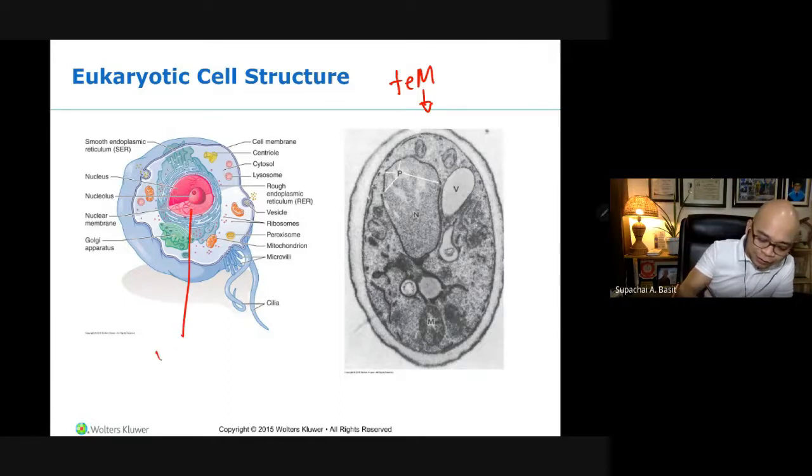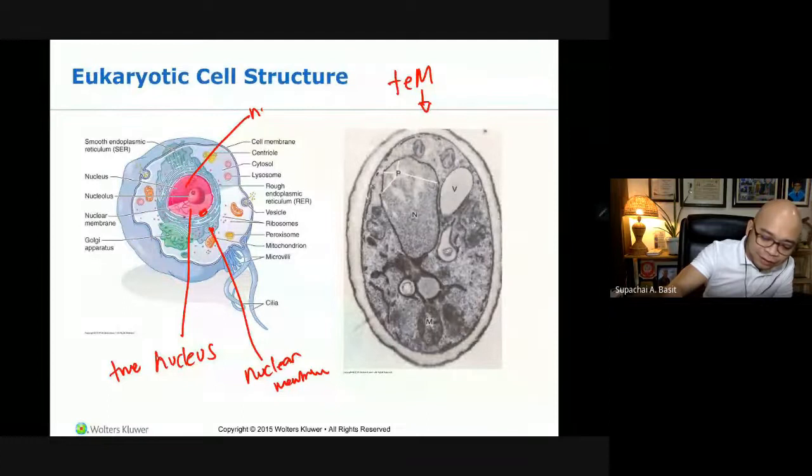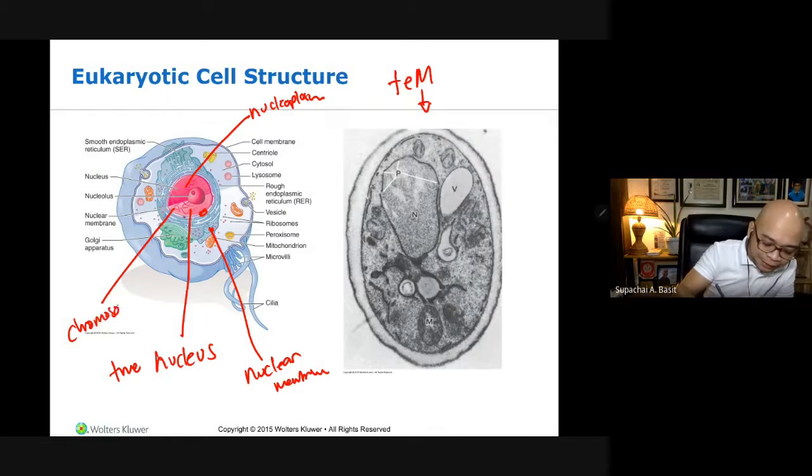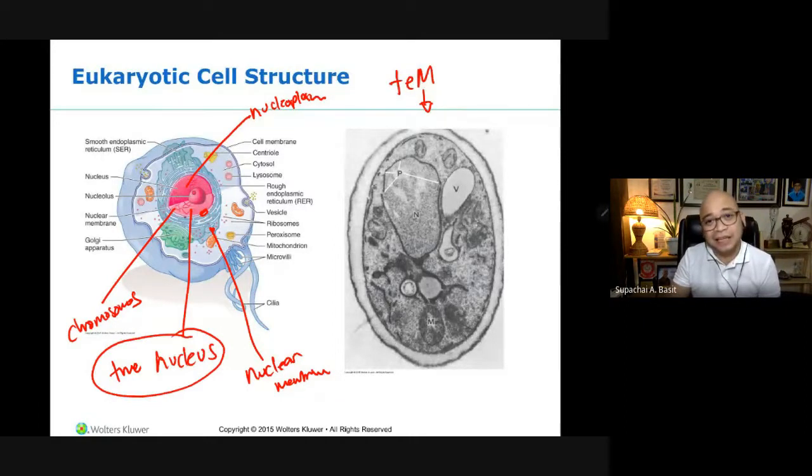So this is the nucleus. And since it is made up of a nuclear membrane, the nuclear membrane is present. And then inside the nuclear membrane is the nucleoplasm. And different chromosomes are embedded in it. So this makes the cell eukaryotic.